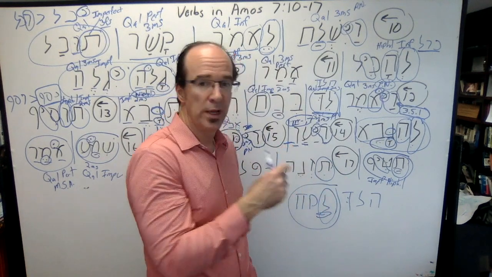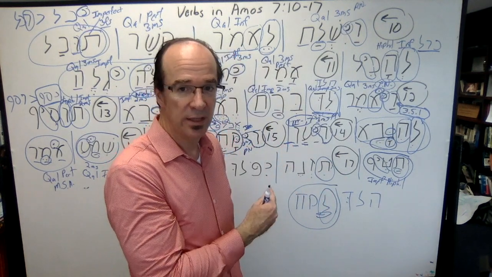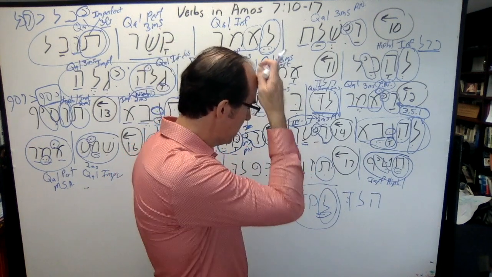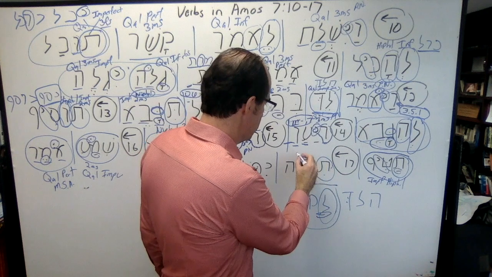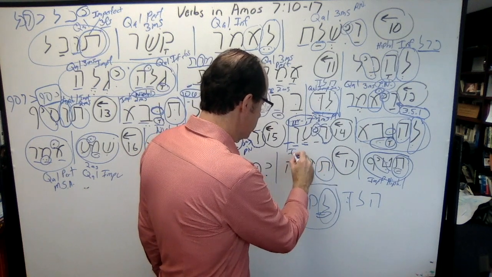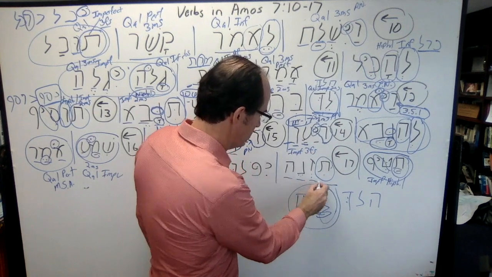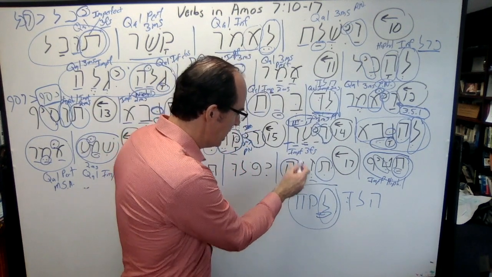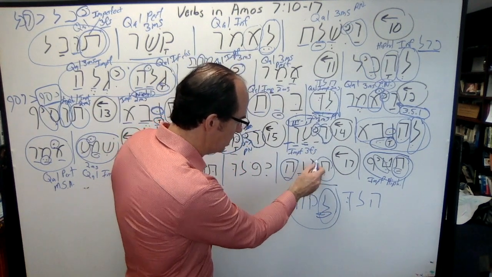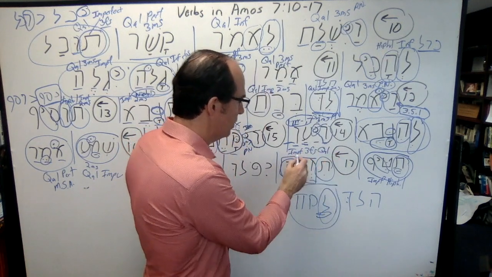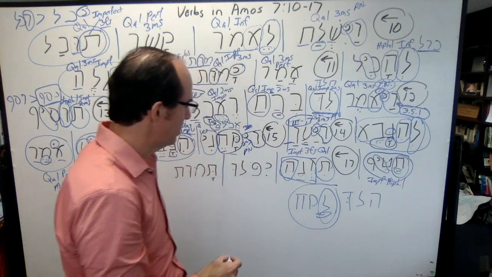That's either your 3FS or your second masculine singular. In this case, it's talking about Amaziah's wife. And so this is an imperfect 3FS. Good, three strong consonants. Now this is a third hey, so you get a little difference in the vowels, but you can see the whole root here. So this is qal imperfect, third feminine singular from Zana, to be a prostitute.